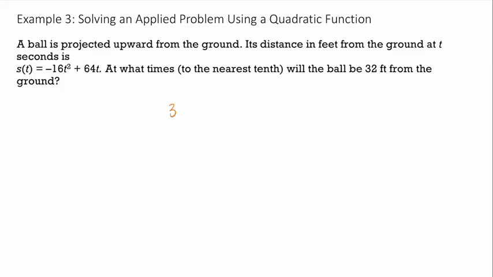So I'm going to take 32 equals negative 16t squared plus 64t, and I'm going to move everything to the left, because then my coefficients are all going to be positive, which makes my life somewhat easier.